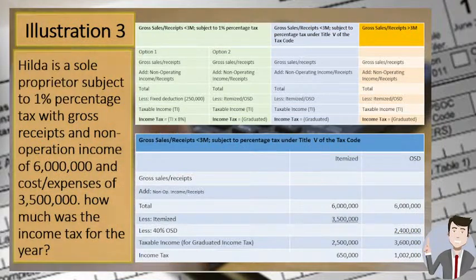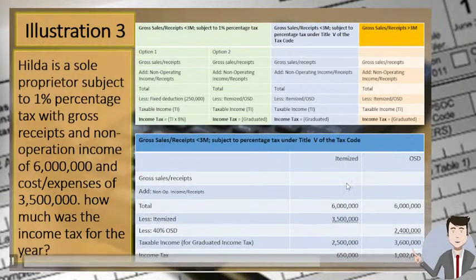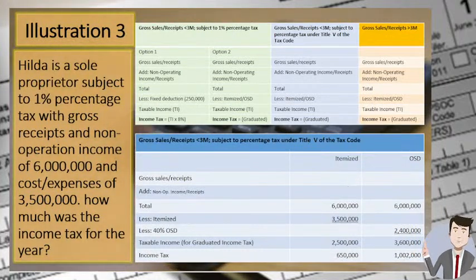No need to enumerate all your expenses, no need to prove that those business expenses actually exist and are allowed by law. Unlike itemized, where later on, if the Bureau of Internal Revenue conducts a tax audit, you have to prove that your declaration is correct.